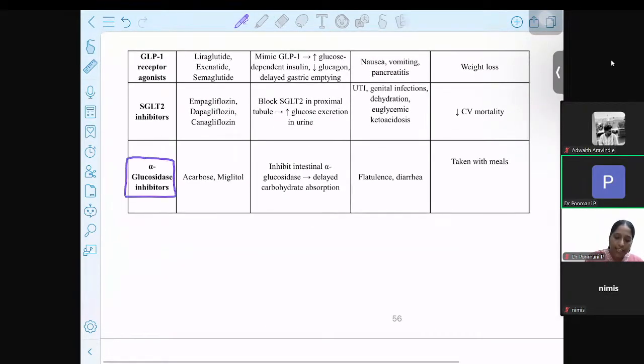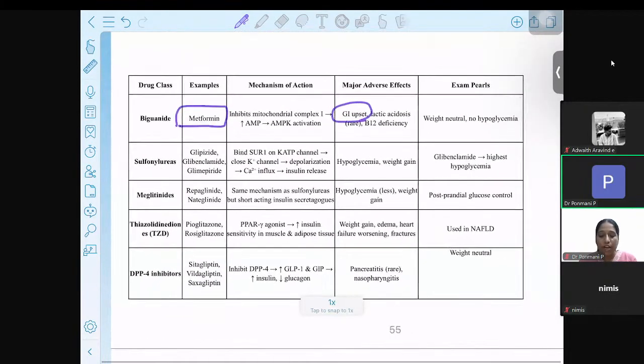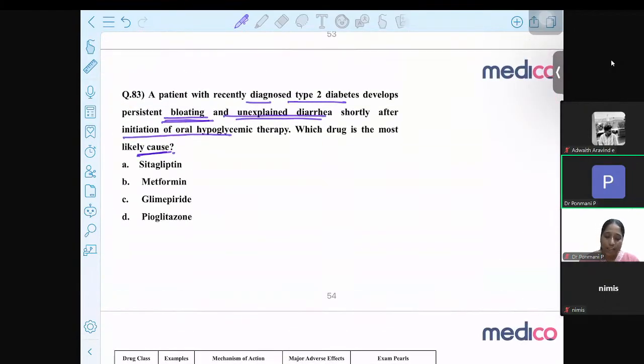alpha glucosidase inhibitors, which are acarbose and miglitol. And what is the difference? The alpha glucosidase inhibitor is mostly associated with flatulence. Flatulence will be the keyword if they are asking. Okay, if that is not there, if just a GI upset is presented, then what will be your answer? Your answer is going to be metformin.